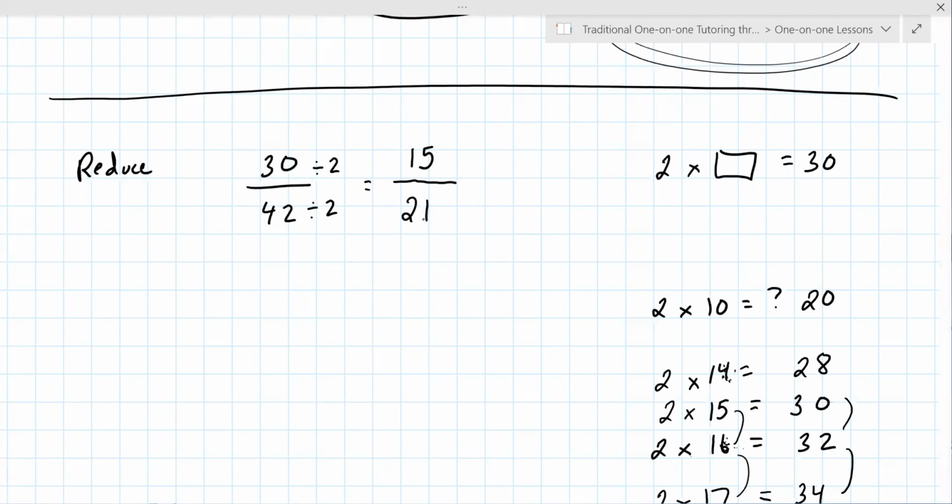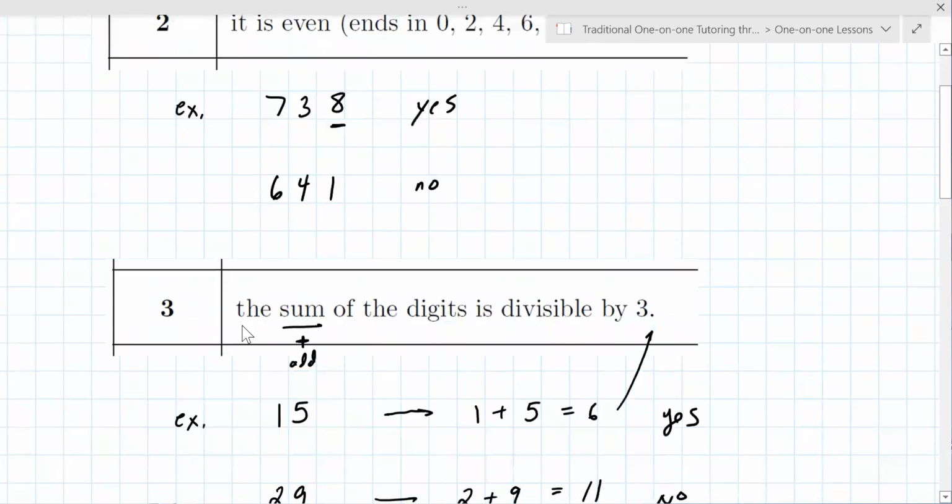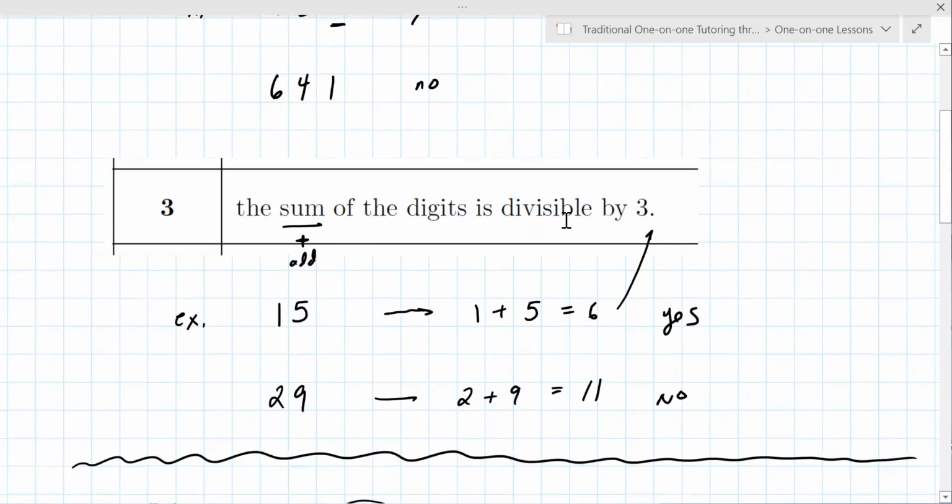Now, we would normally try 2 again, but both of these numbers are odd. So 2 will definitely not work. But the question is 15, can you divide 15 by 3? Let's go back and look at the divisibility rule for 3. The sum of the digits is divisible by 3.